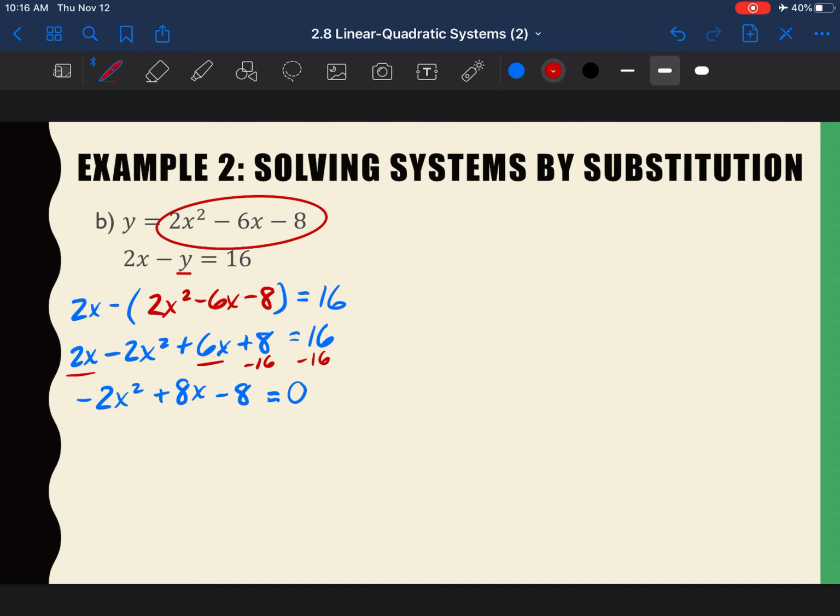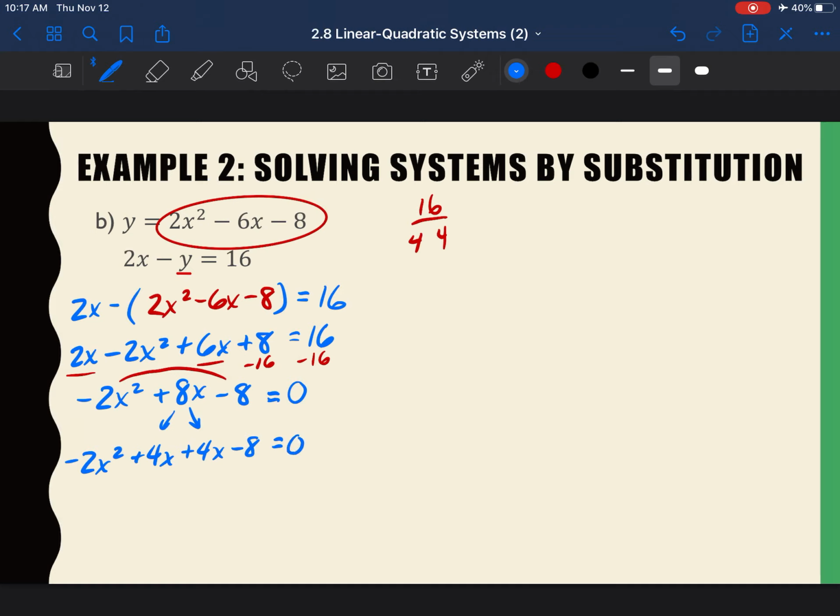So let's check to see if factoring works. Negative 2 times negative 8 is a positive 16. But they have to add to 8, so it looks like it's going to be 4 and 4. So I will split the middle term. So negative 2x squared plus 4x minus 8.